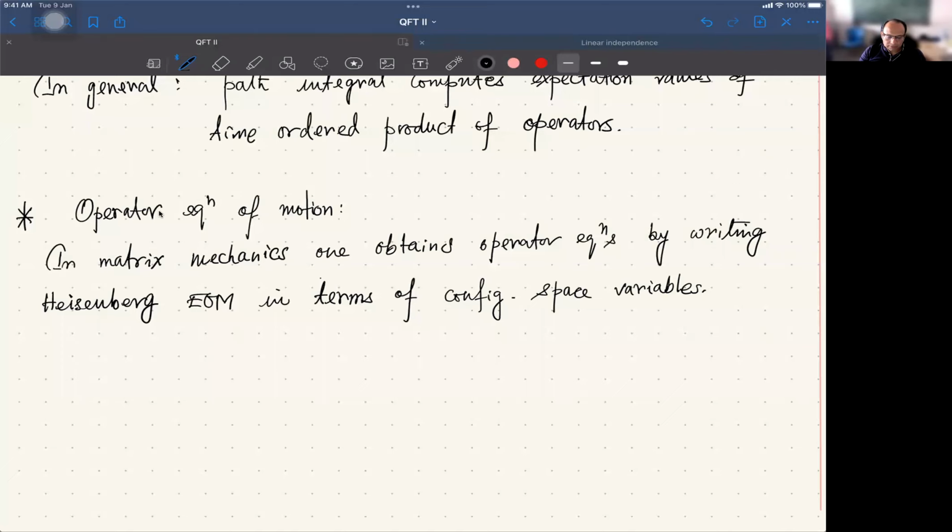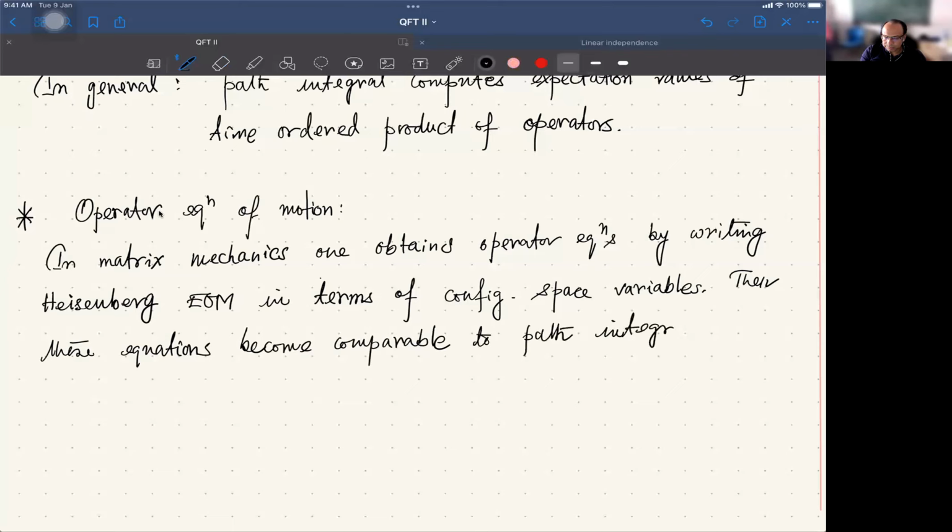So when we write down these equations in terms of configuration space variables, then these equations become comparable to the corresponding path integral statements.